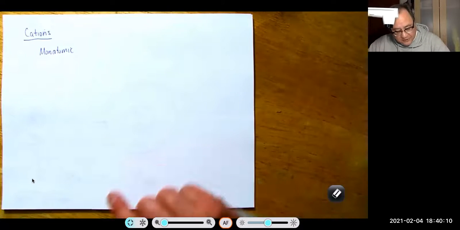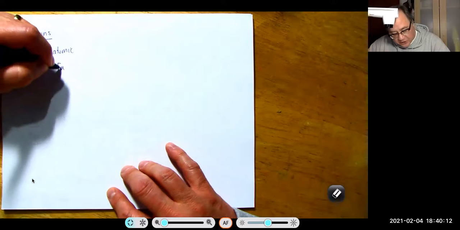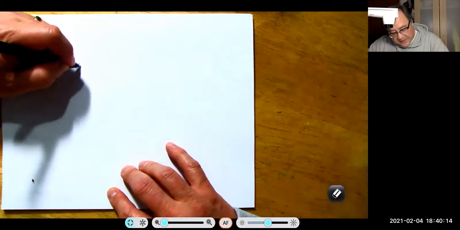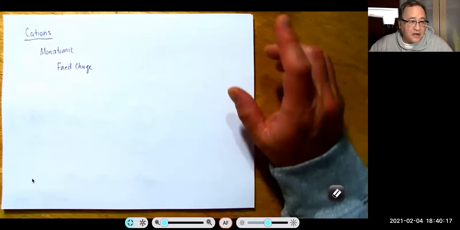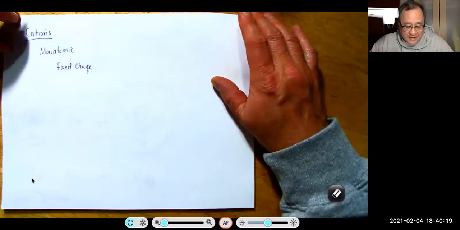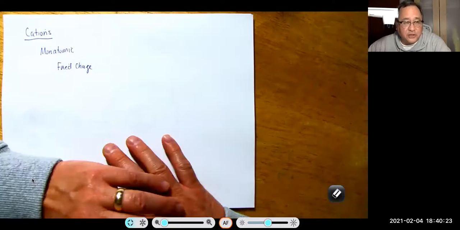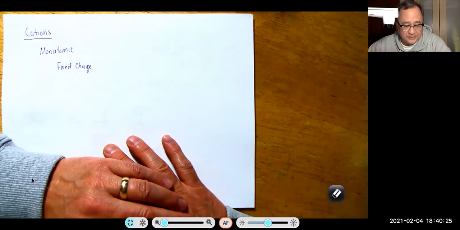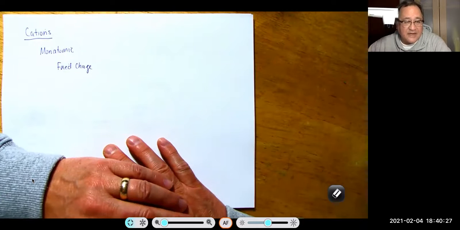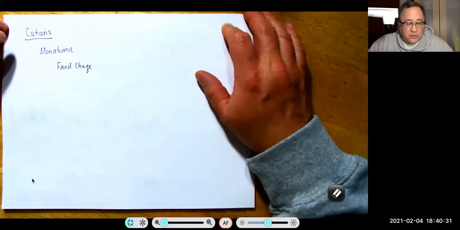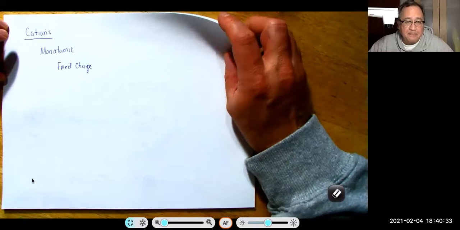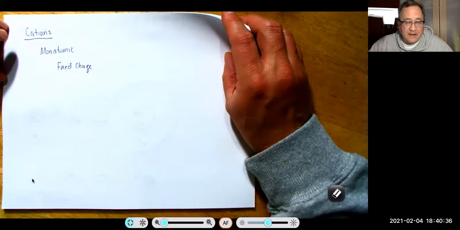Some of them are fixed charge, and that means that regardless of the ionic compound they're in, they have the same charge. So you need to memorize all of the fixed charge ions and how to name them. So let's go over the fixed charged ones. Are you ready?